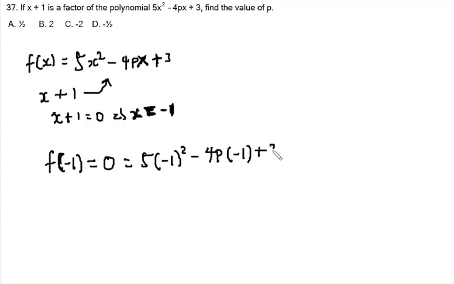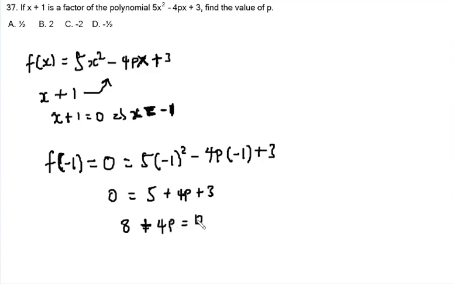So this is equal to 5 times minus 1 squared, which is 5, minus 4 times minus 1, which is plus 4p, plus 3, and this is equal to 0. So 5 plus 3 is 8, and then 8 plus 4p is equal to 0.